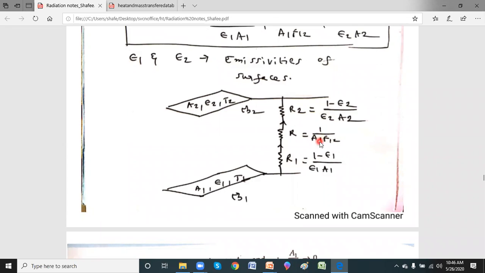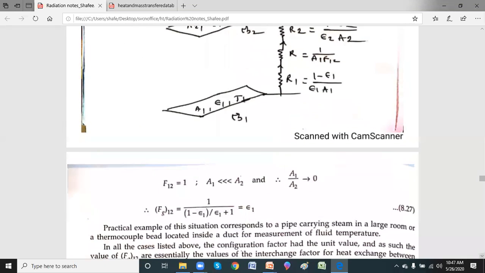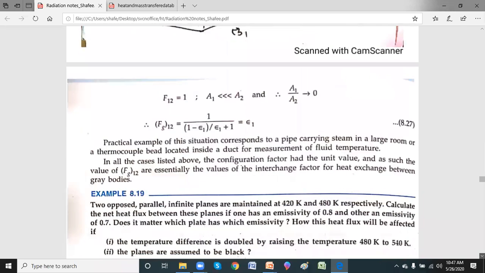Then the shape factor resistance 1 by A1 F12. If I add all these resistances in the denominator, I can find the heat transfer between surface 1 and surface 2 when both the surfaces are non-black. So I hope you understood what exactly we have discussed and what the electrical network analogy problem is.